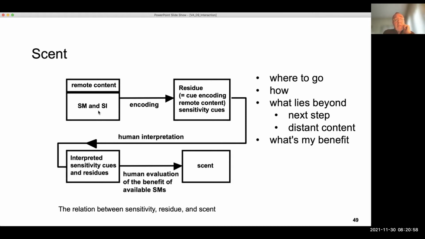Sensitivity is the combination of the single movement, a single interaction, something that helps you to understand how to act on the interface. Having this in front of you, there is the human interpretation that looks for sensitivity cues and the residues, and it evaluates the benefit of that movement. That is exactly the meaning of scent.